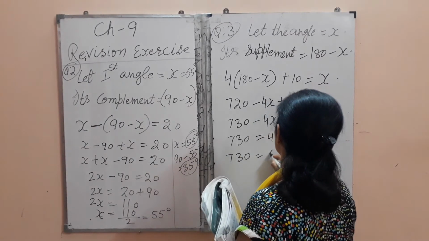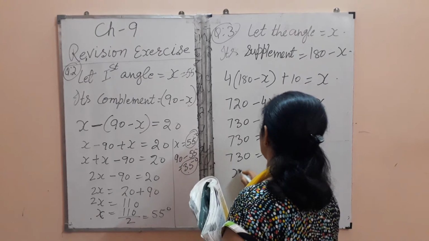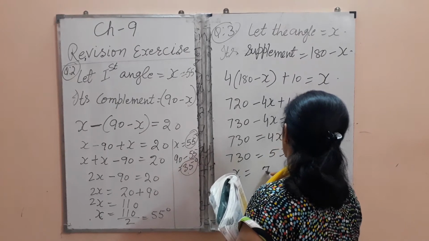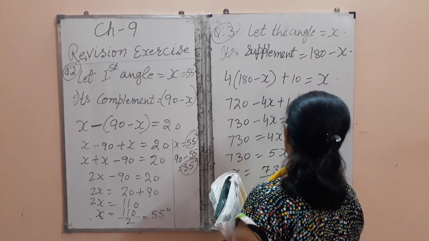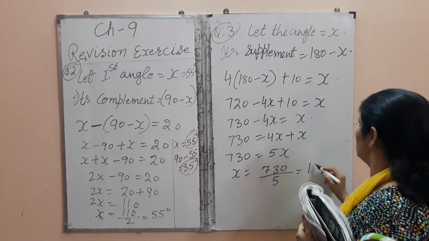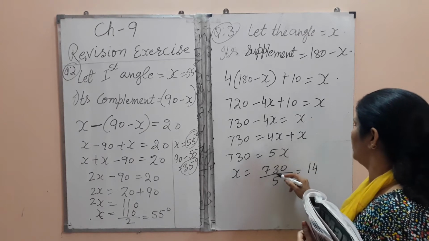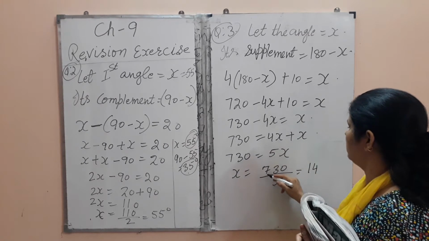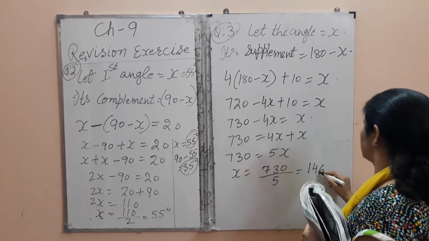730 equals to 5x. So x will be 730 upon 5. 5 ones are 5, 5 fours are 20, 5 sixes are 30.